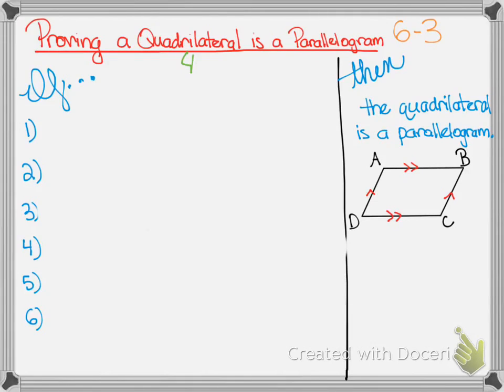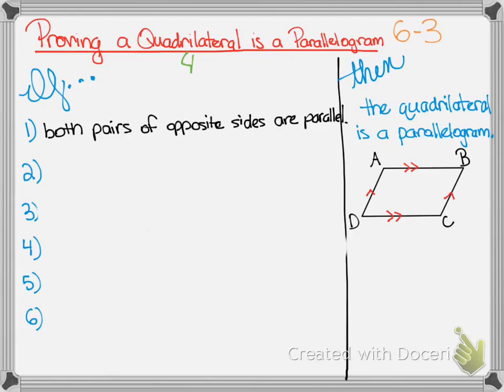So the first way to prove that something is a parallelogram, well, if you know that both pairs, and you do have to have both, of opposite sides are parallel. Then it has to be a parallelogram.